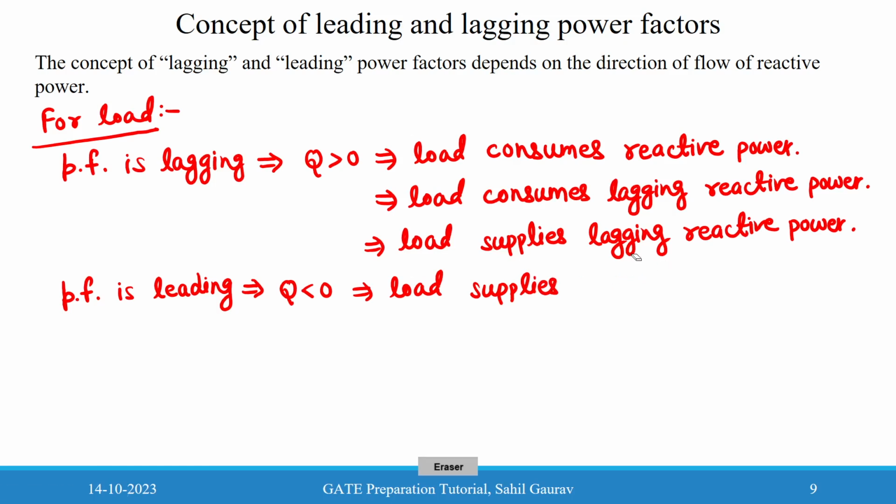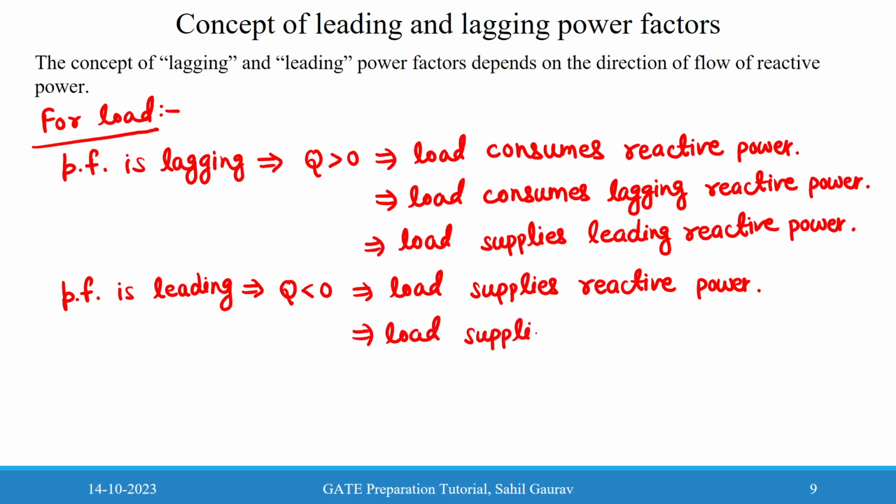Sorry, here I have written wrong. Load supplies leading reactive power. Load supplies reactive power, and you can also tell that load supplies lagging reactive power. Leading reactive power, sir?